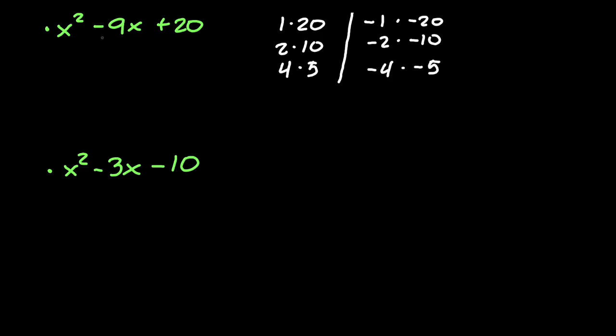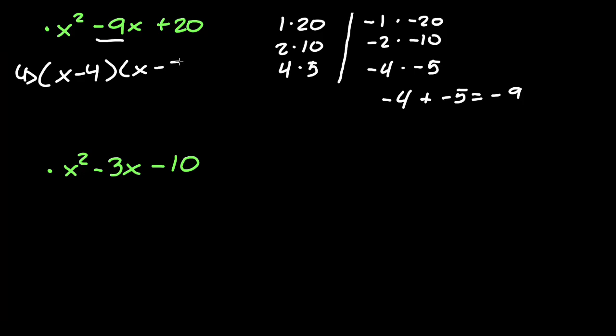What we're looking for here is the addition of negative 9, which would be negative 4 plus negative 5, which would equate to negative 9. So it would be x minus 4 multiplied by x minus 5.